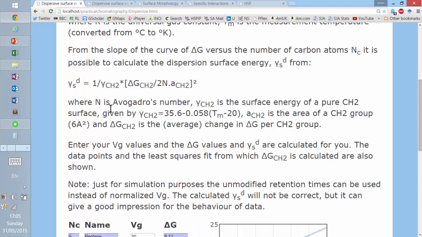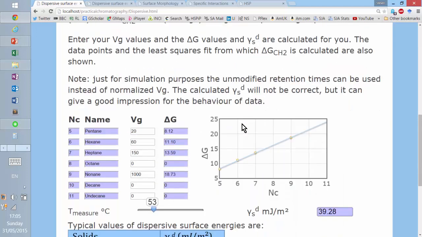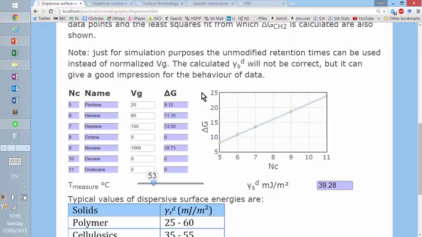And then you can say that the dispersion surface energy, gamma S, depends on the dispersion surface energy of a pure CH2 group times Avogadro's number times the area of a CH2 group. And the delta G CH2 is the average change in delta G per CH2 group. That's all very hypothetical, but now we can put our values in.